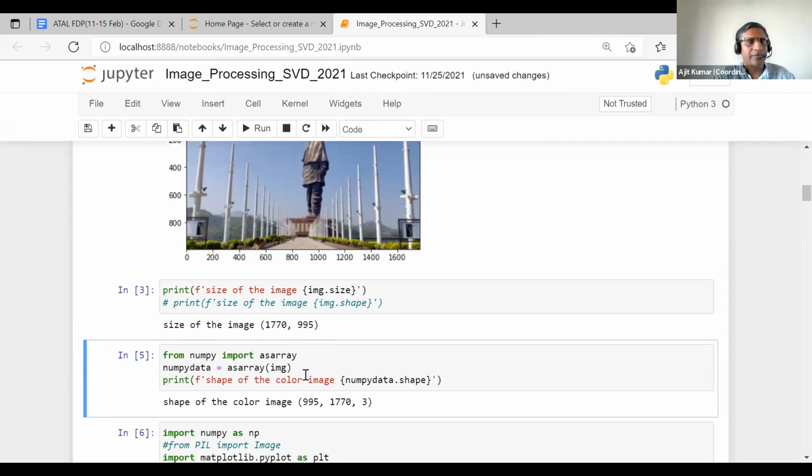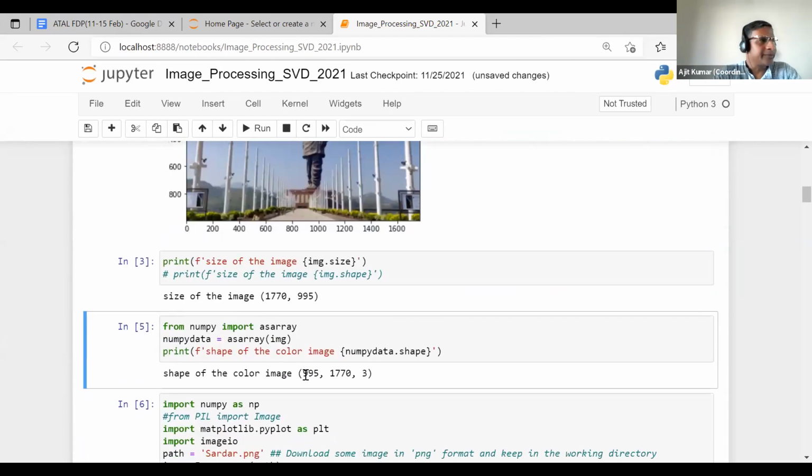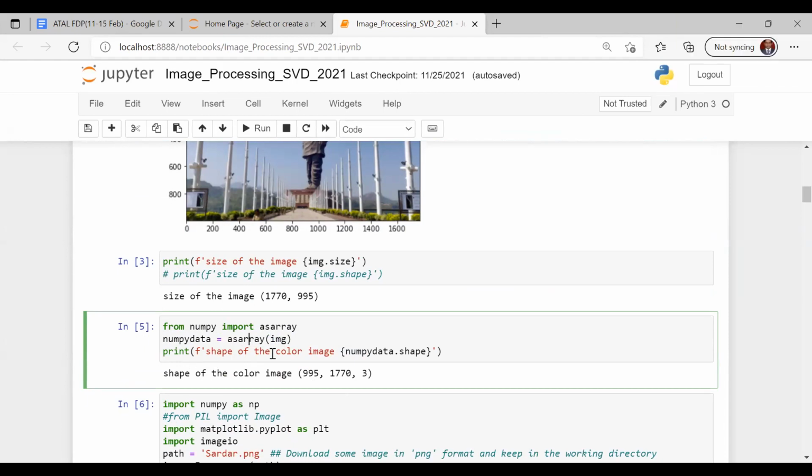Now, in order to find the singular value decomposition, we will have to convert this into a NumPy array. So from numpy import the array command, and then convert this image data into an array. Please mute yourself.